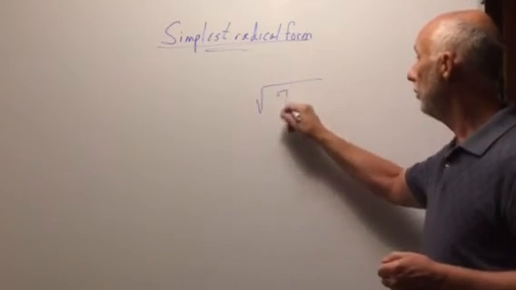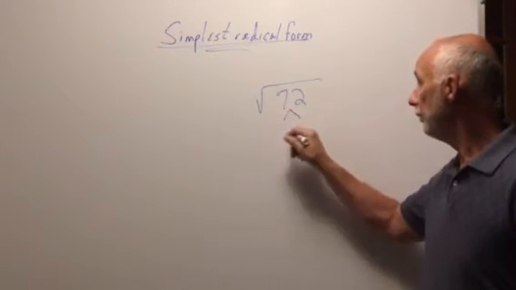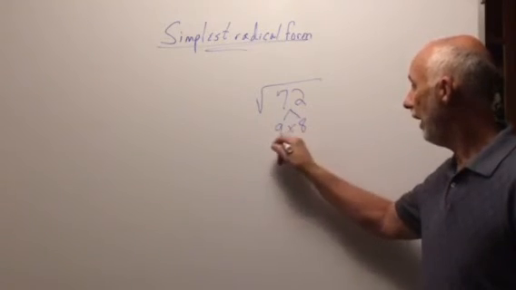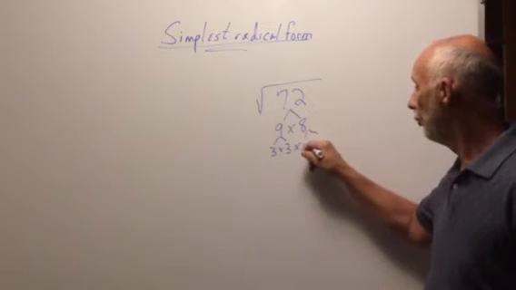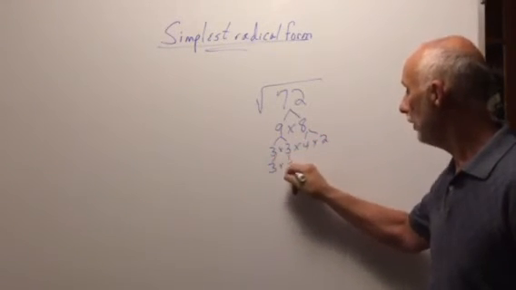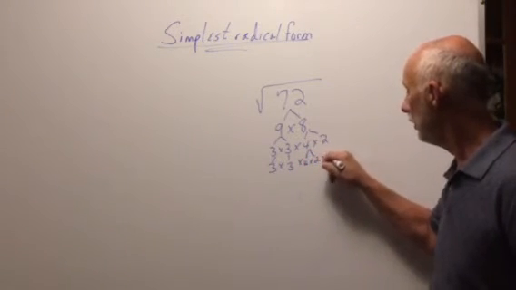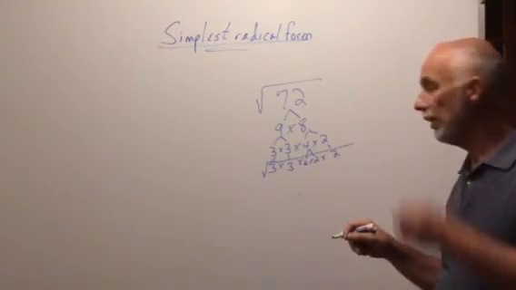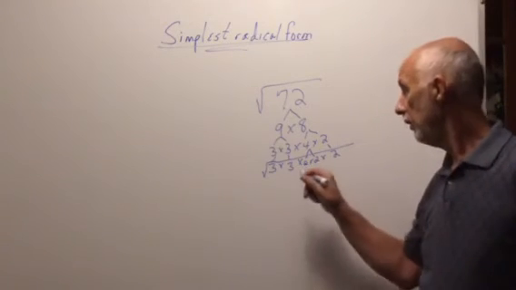If I want the square root of 72, all right, I could break 72 up into 9 times 8, and 9 up into 3 times 3, and 8 into 4 times 2, and that would be 3 times 3 times 2 times 2 times 2. So if I wanted to find the square root of this, again, for every pair, you take out one factor.